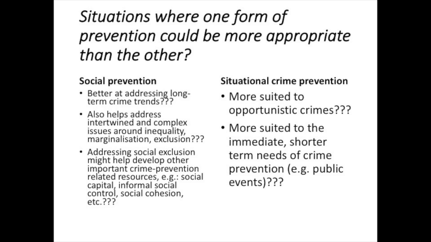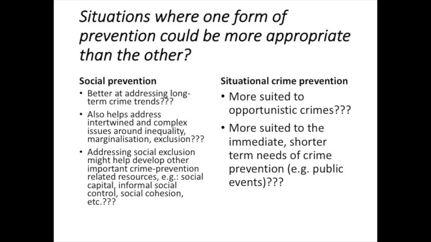With situational crime prevention, clearly it's probably more suited to opportunistic crimes, and it may be more suited to the immediate shorter-term needs of crime prevention. And so, maybe there's a public event happening and we can do things to prevent crime by having security and that sort of thing, right?